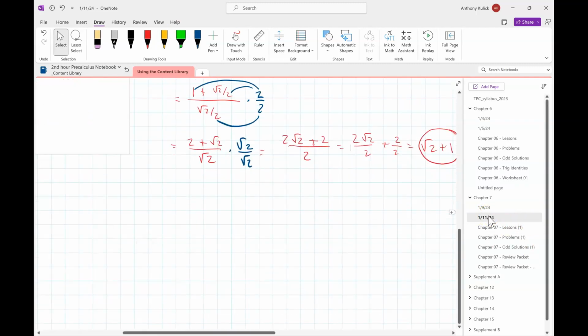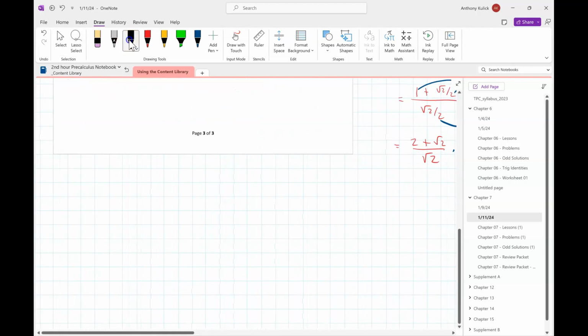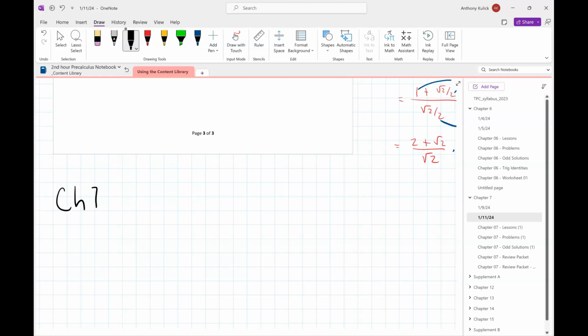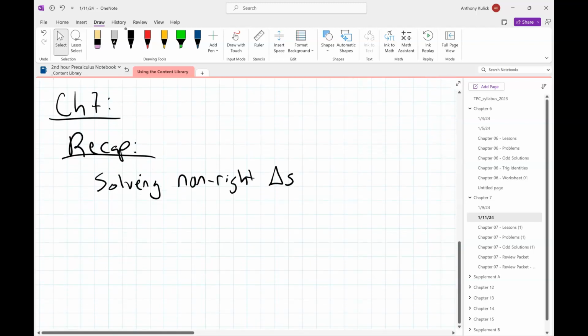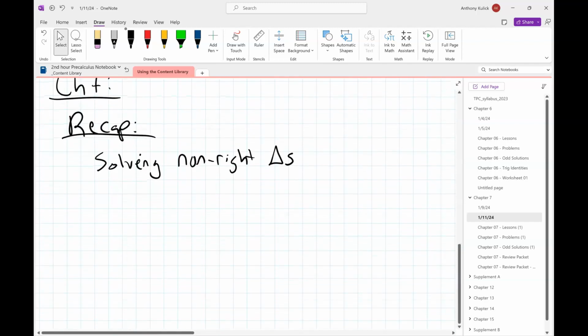So let's start back on chapter 7. Again, let's recap what we've done so far. In chapter 7, we've been talking about solving non-right triangles.